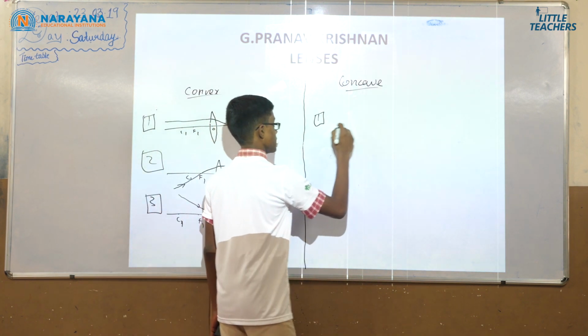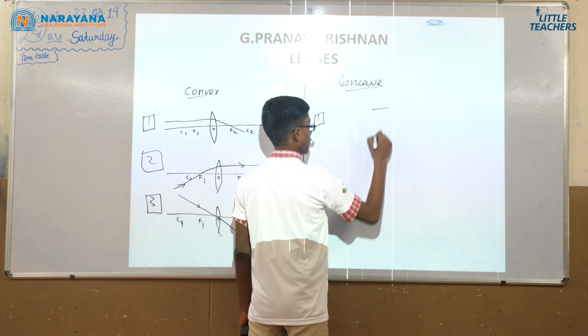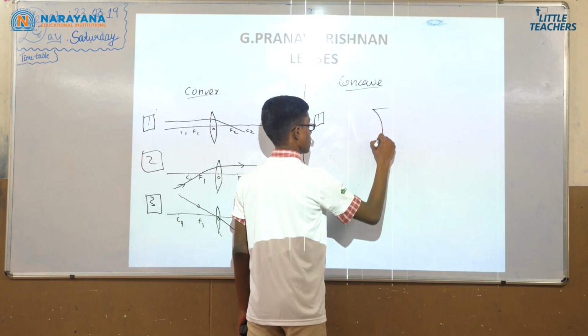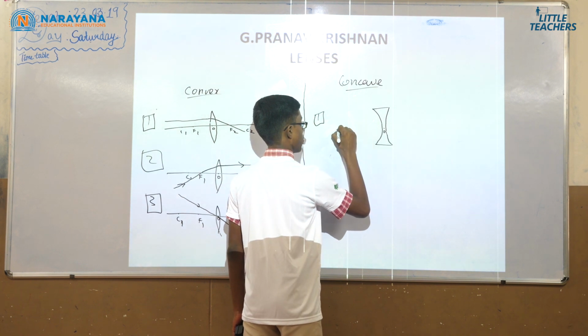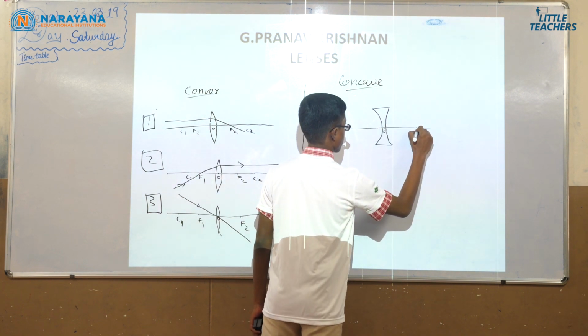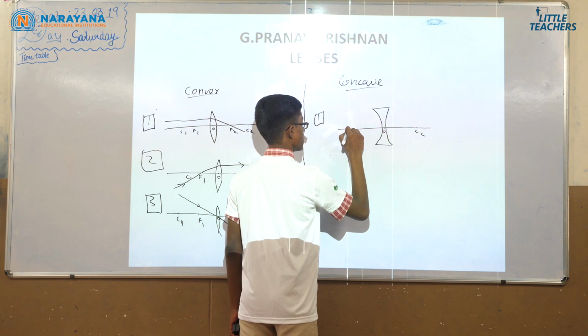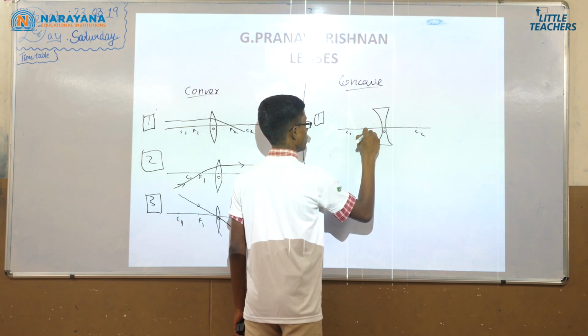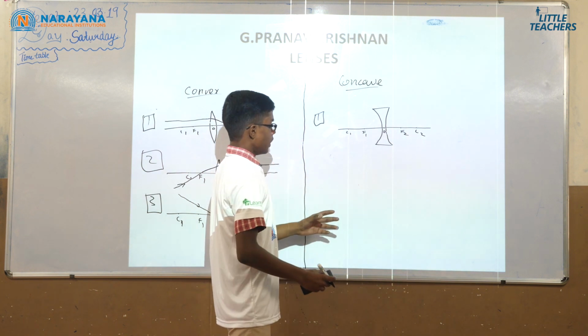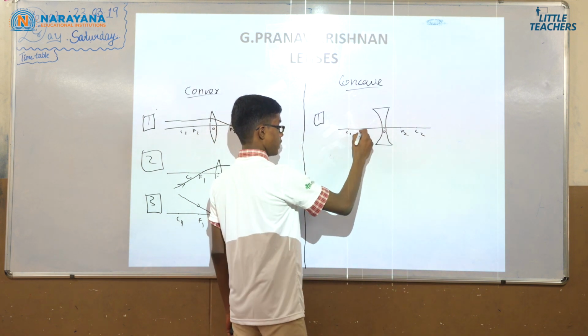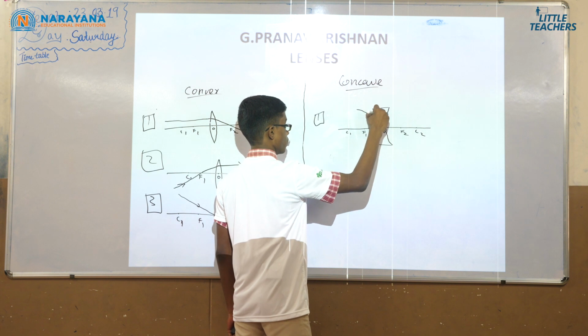First type of ray which is incident on a concave lens: take a concave lens, optical center, center of curvature 2, center of curvature 1, focus 1, focus 2. Now consider a ray which is emitted towards the focus 2.